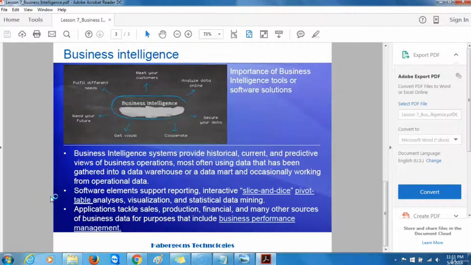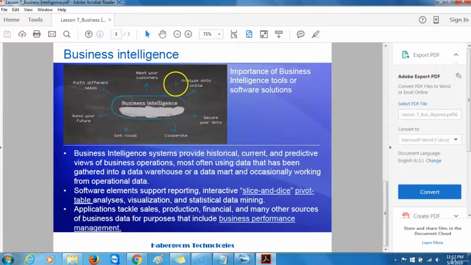Now, what is the importance of business intelligence tools or software solutions? The importance of business intelligence tools cannot be overemphasized. A good example is what has been shared here. It helps you fulfill different business needs. Meet your customer needs.